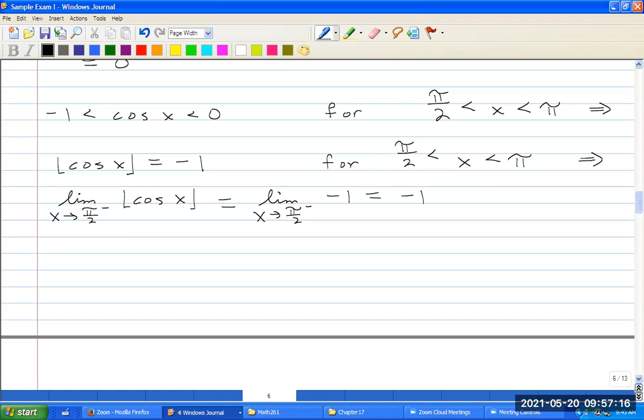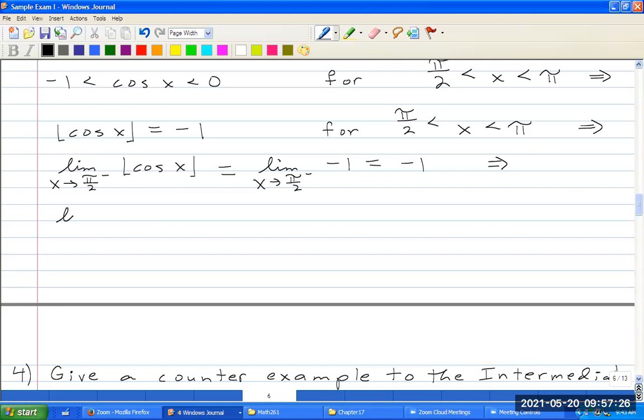Well, these limits aren't equal. So the limit as x approaches pi over 2 of the floor of cosine x, the right-hand limit 1, is not equal to -1, the limit as x approaches pi over 2 from the left of the floor of cosine x.